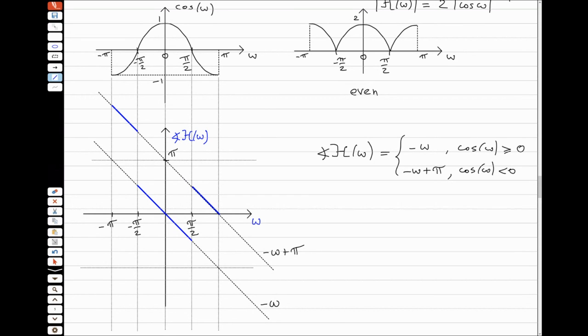All right. Now the question is that we know that the phase response must be odd. So is it odd? Do we get something odd?